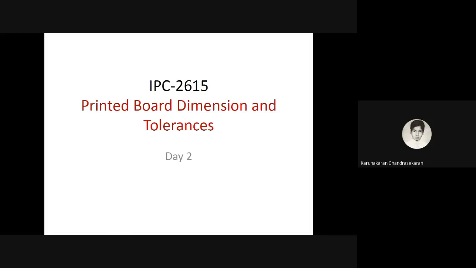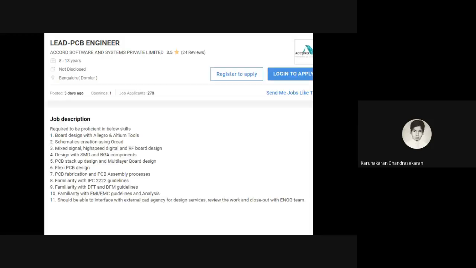Now, before we go into the review of this IPC code, let us briefly observe what is happening in the job market. I have given two slides to give you glimpses of where people require these IPC standards. In one advertisement from three days ago, there is a lead PCB engineer requirement. Most of the topics we see in the classroom are there, but especially when we come to standards, they are very clearly mentioned.